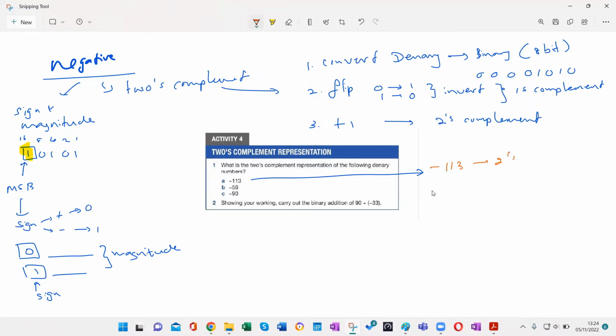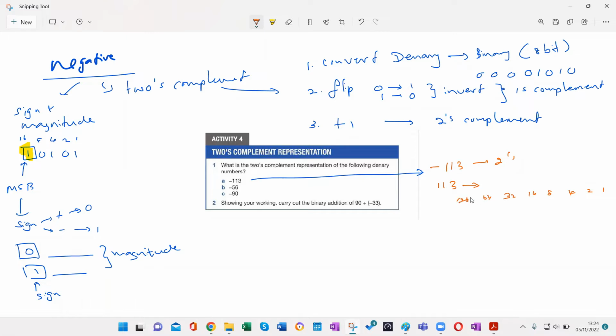What do you have to do first? We need to convert 113. Just forget about minus. We have to represent 113 in 8-bit binary. And you know how to do it. You just write the positional values up to 8 bits: 1, 2, 4, 8, 16, 32, 64, 128.